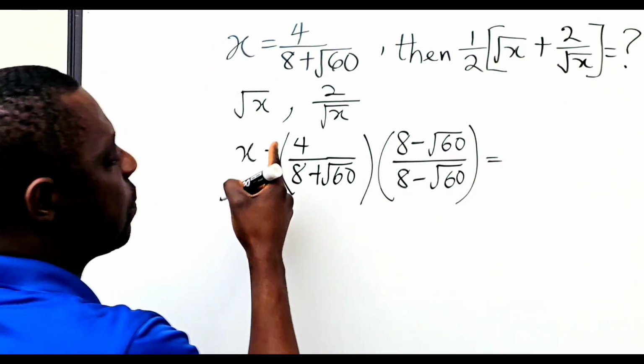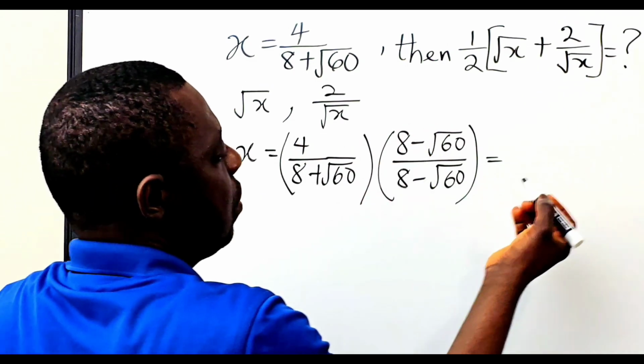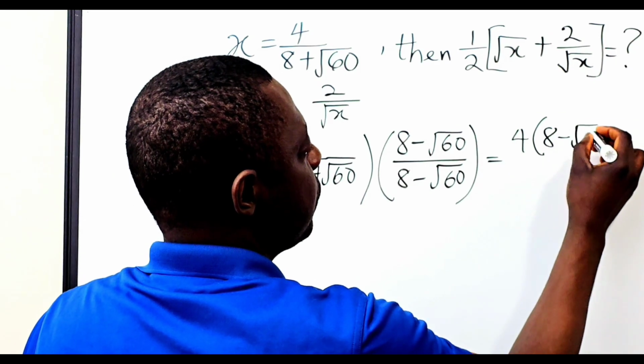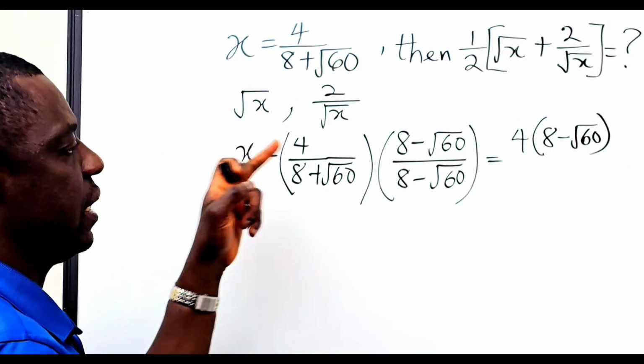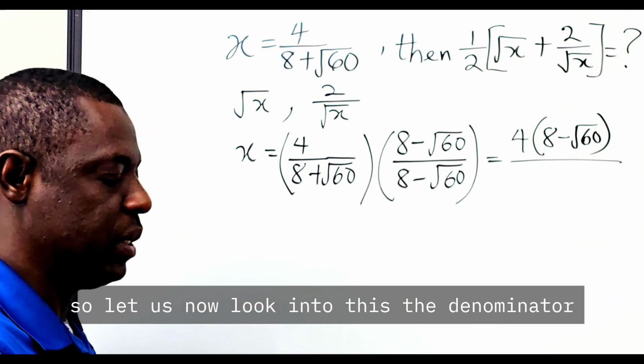So now let's go into it. This is going to give us, you distribute this 4 into this, or let's just say 4 into bracket 8 minus root 60. That is what we're going to have. So let us now look into the denominator.